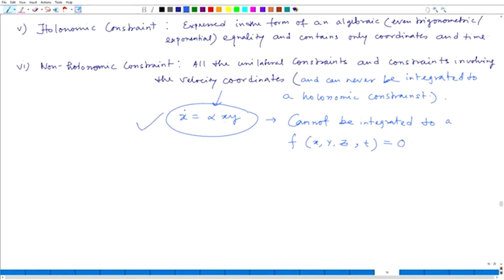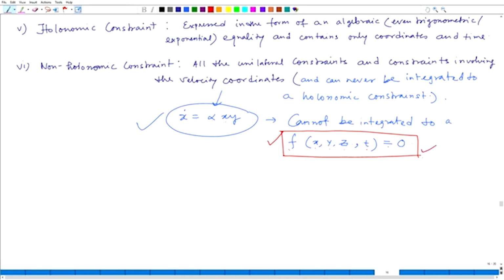In this occasion I actually have written the general expression for a holonomic constraint. So, the general expression of a holonomic constraint is that you can always have a function which is involving x, y, z and t, that is the most general case possible in 3D space, which will be equal to 0.